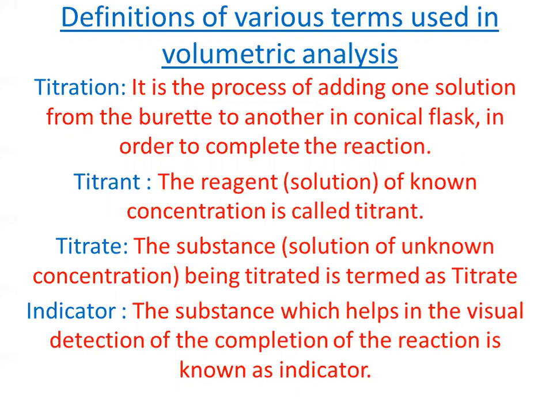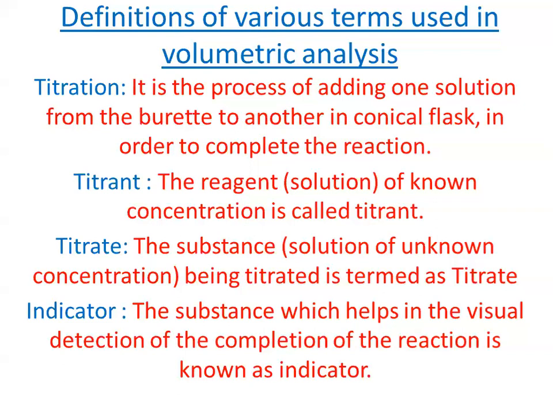Next is titrant. It is nothing but the reagent present in the form of a solution of known concentration. Whereas titrate is the substance present in a solution of unknown concentration. Titrant and titrate both are solutions. As we know, two solutions are taken.